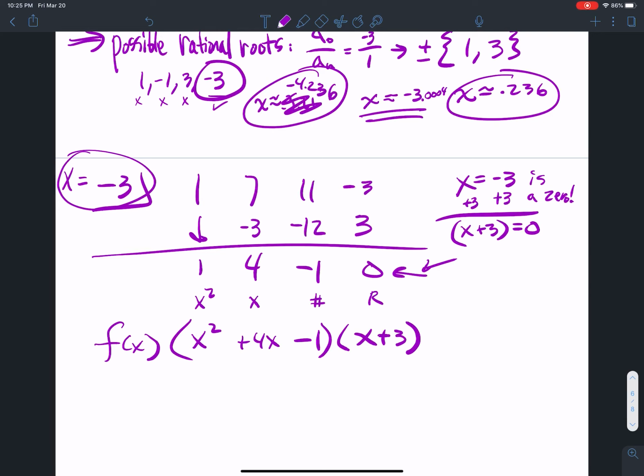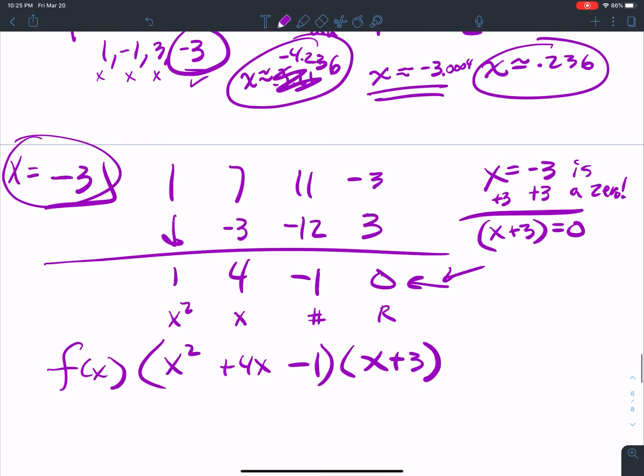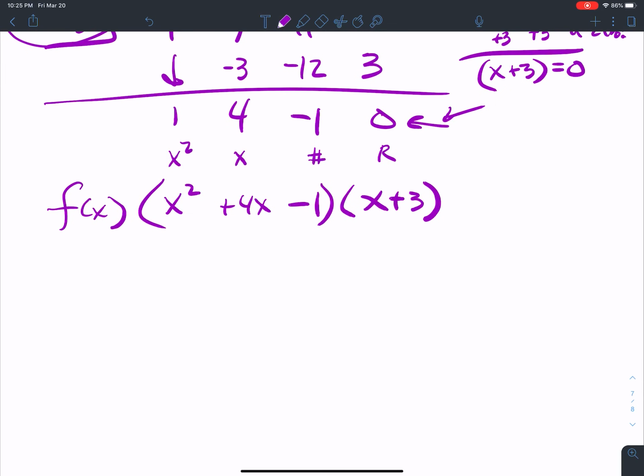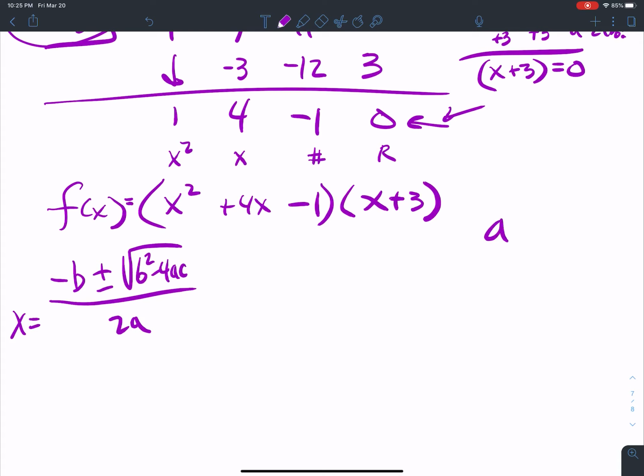Okay, so to solve the quadratic, you can try to factor, but guess what? This one's not going to factor. You're going to have to use the big guns here, quadratic formula. So the quadratic formula is x equal to negative b plus or minus square root b squared minus 4ac over 2a. Now ax squared plus bx plus c, that's all equal to 0.